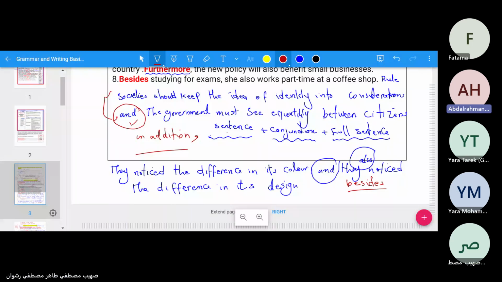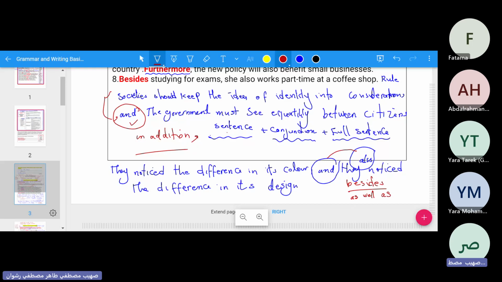Never mind, sir. I was going to answer when you asked if anyone knows the difference. Yes, what is the difference? Sir, "as well as" is used when you have two things which share something in common. Like, for example, they noticed the difference in its color as well as the difference in its design.